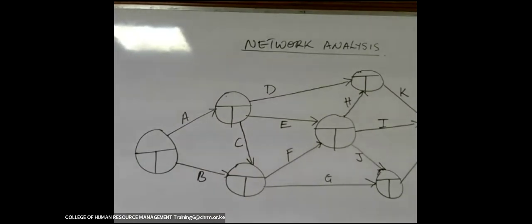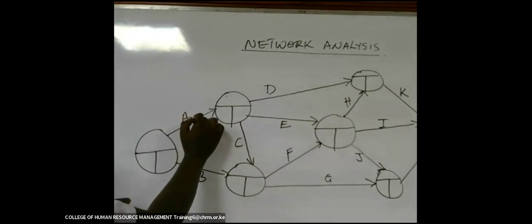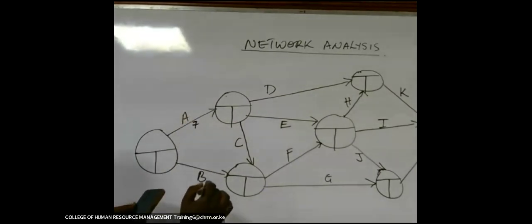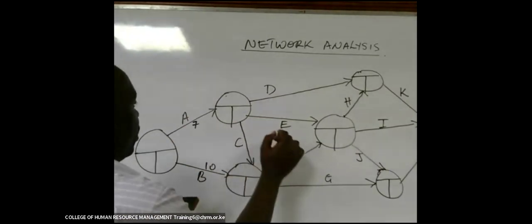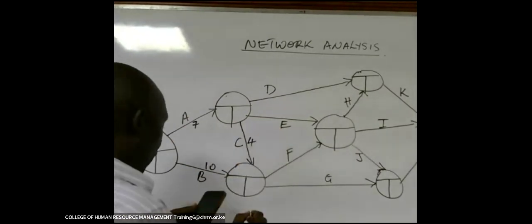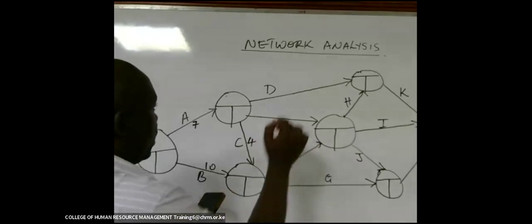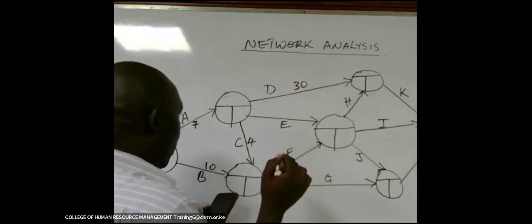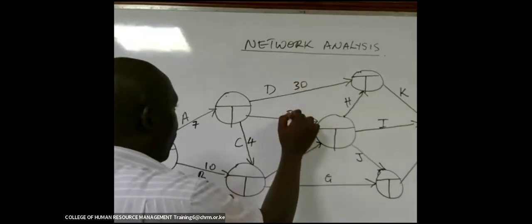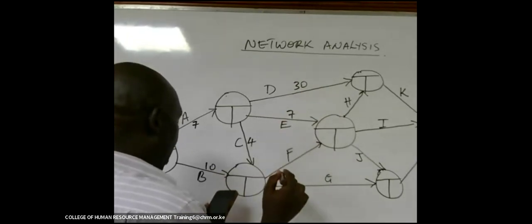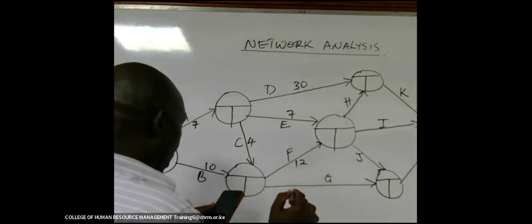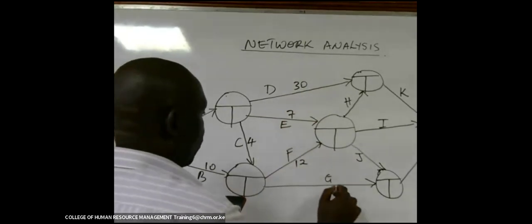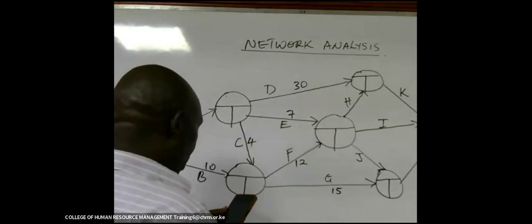For example, activity A, we have told it takes 7 weeks, so put there 7. Activity B takes 10 weeks, put there 10. Activity C takes 4 weeks, put there 4. Activity D takes 30, put there 30. Activity E takes 7. Activity F takes 12. Activity G takes 15 weeks.